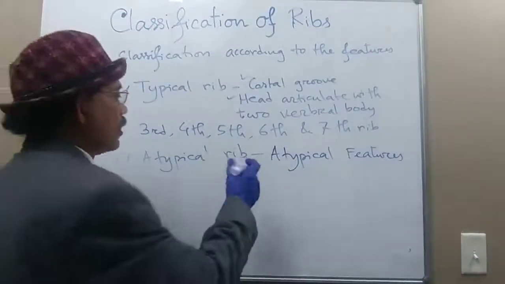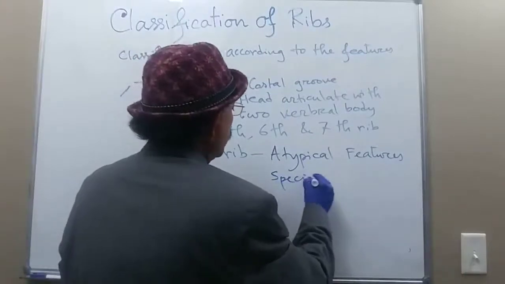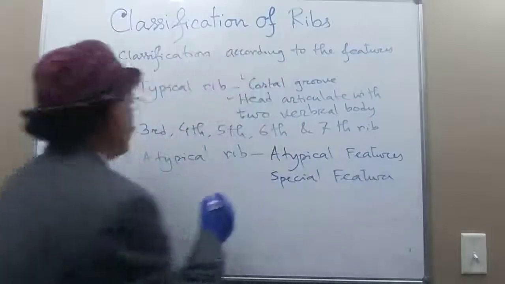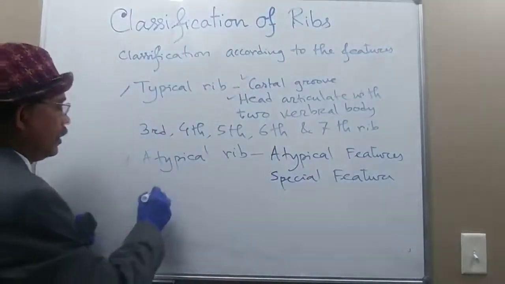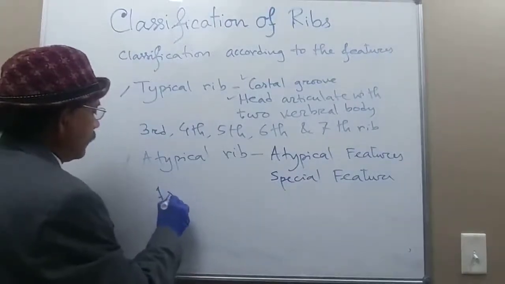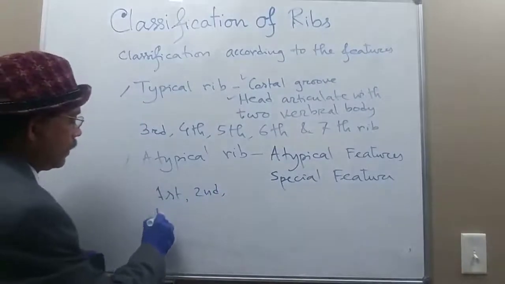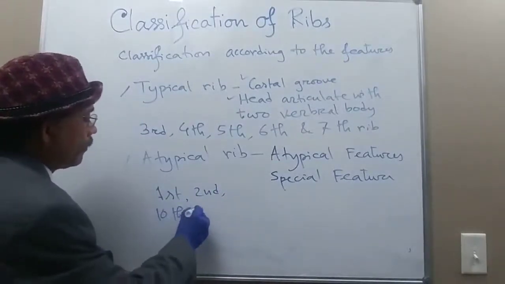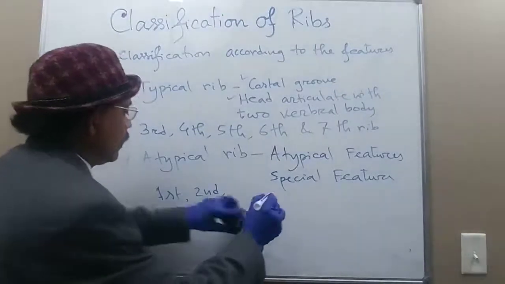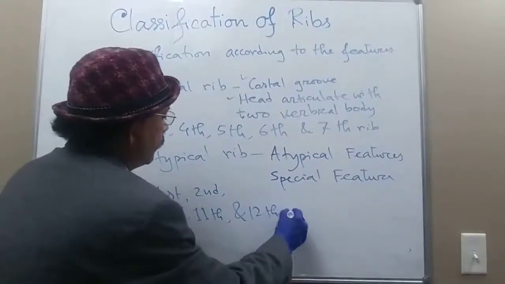They have some special features. These are the atypical ribs. Example is first, second, 10th, 11th, and 12th rib.